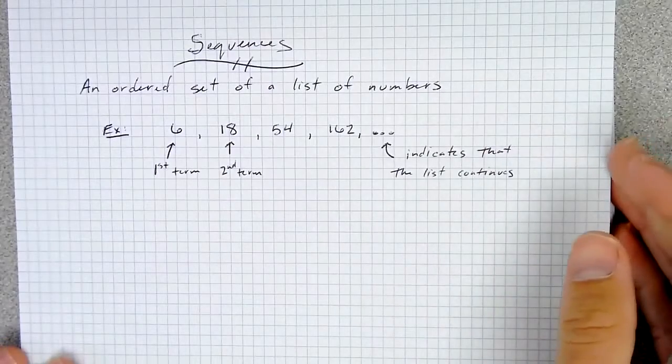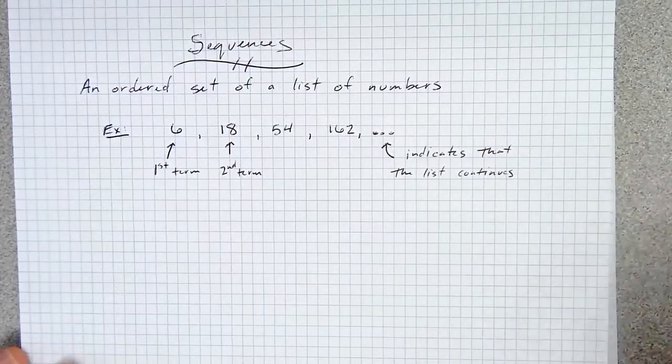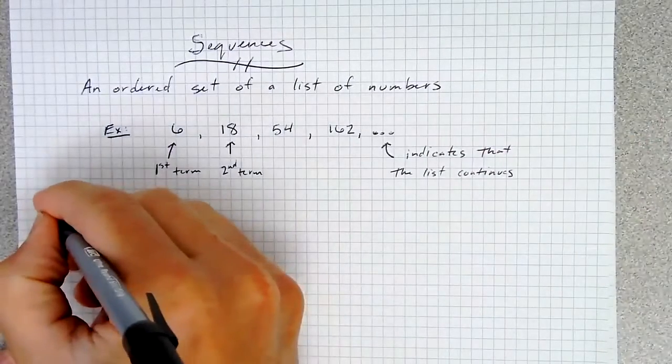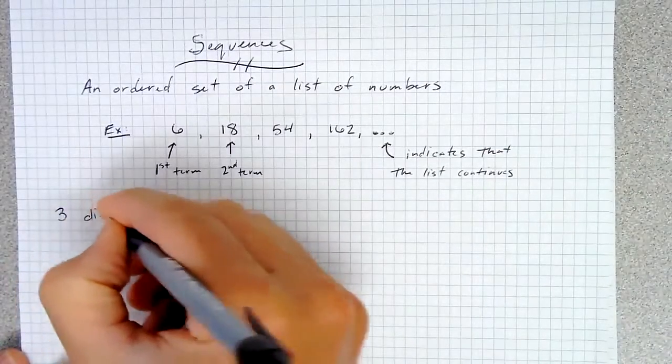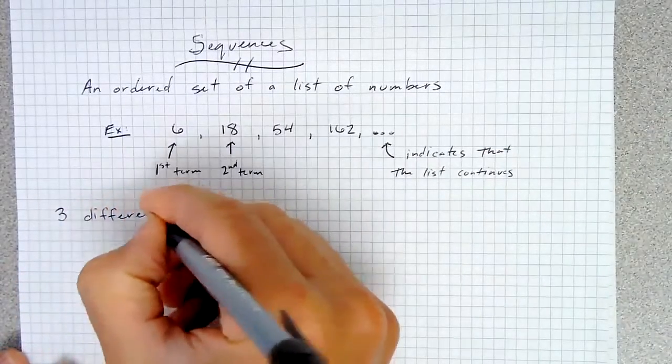Okay, we'll mostly be working with three different types of sequences. Well, there are three types, but we're really going to focus on two of them.